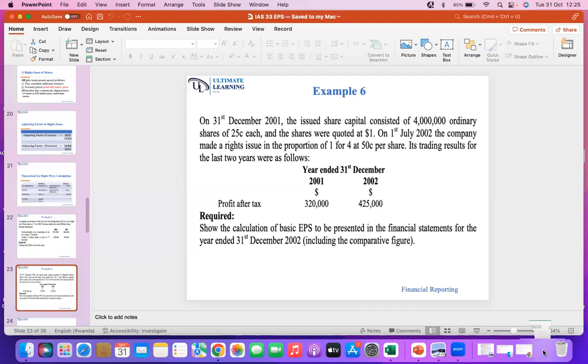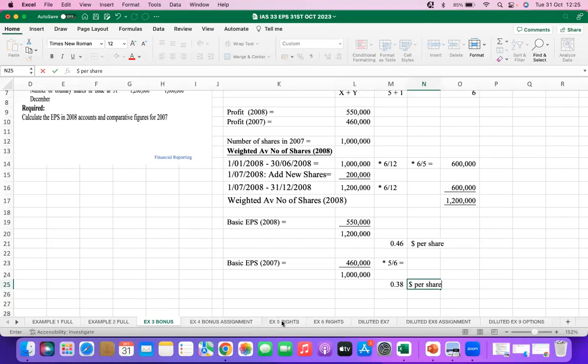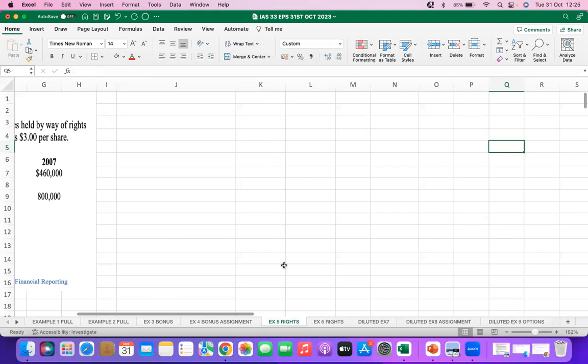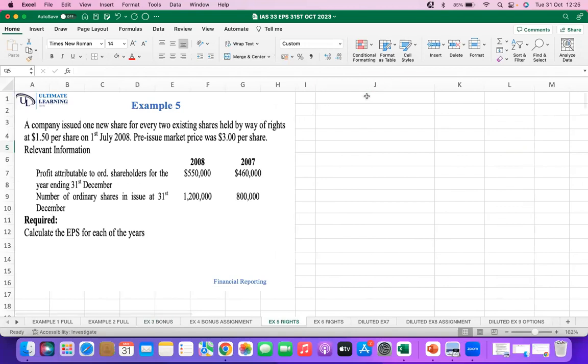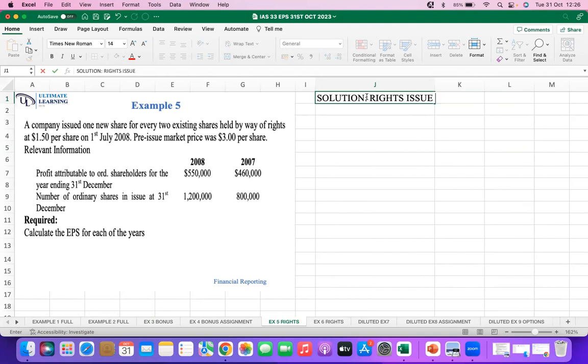Now, in our Excel solution, it is an example on a rights issue of shares. So our solution is on rights issue of shares.